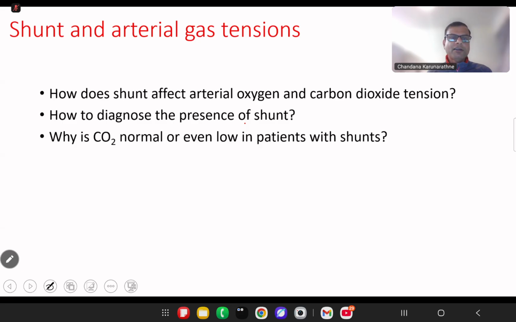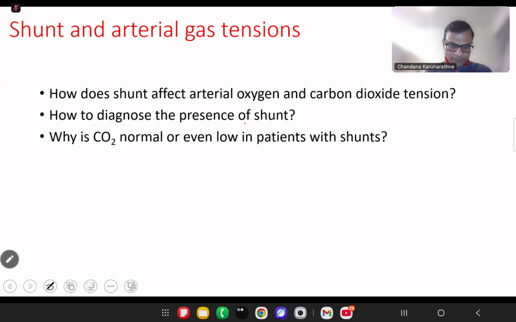You can do a simple test to diagnose shunt, or even estimate the percentage in certain situations. If you have a patient with shunt at pre-medication or pre-op assessment, and nobody has done anything about it, then you can do simple blood gas testing. How do you do this?